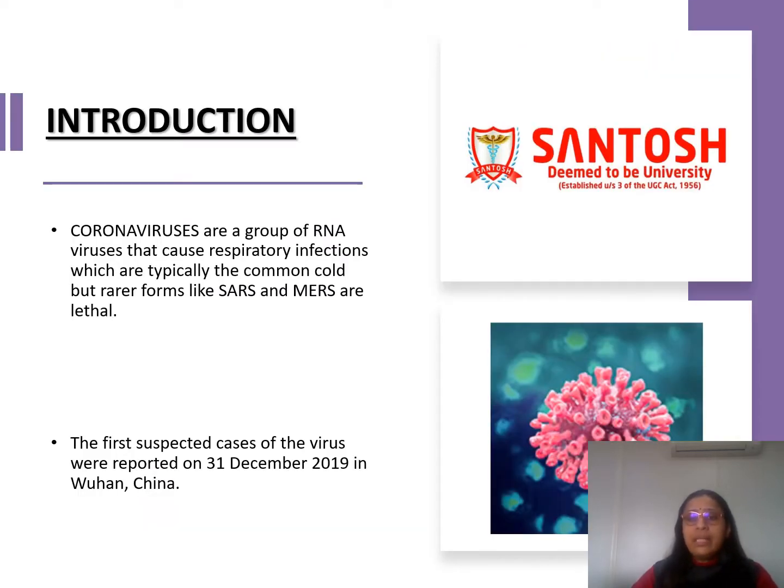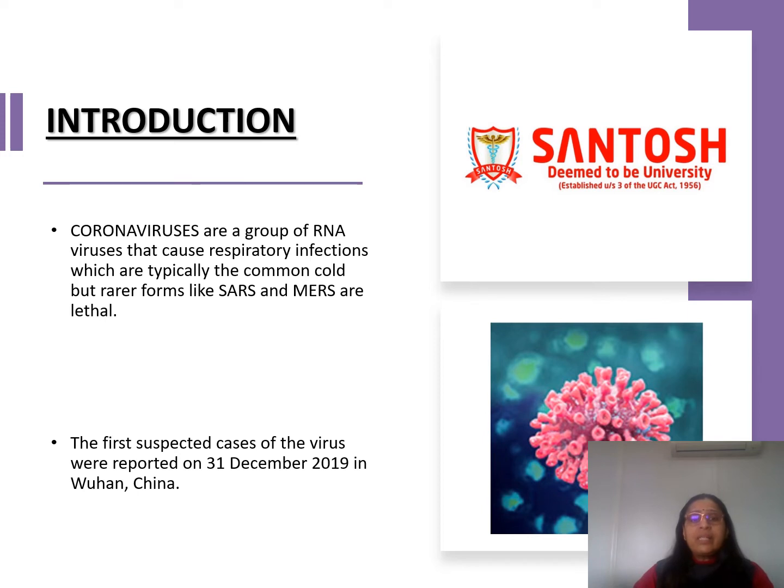So to start with, let me give you an introduction of COVID-19. See, coronaviruses are a group of RNA viruses that cause respiratory infections, which are typically common cold. But sometimes they may lead to severe forms of disease like SARS and MERS, which are fatal.